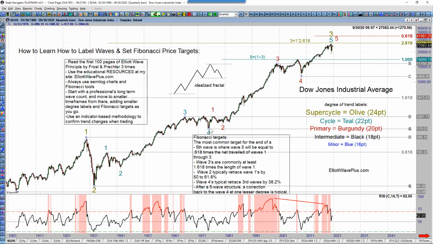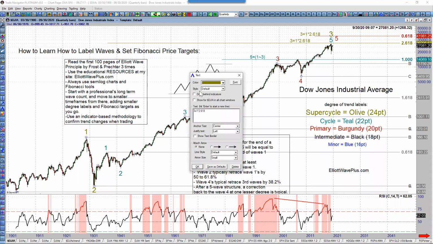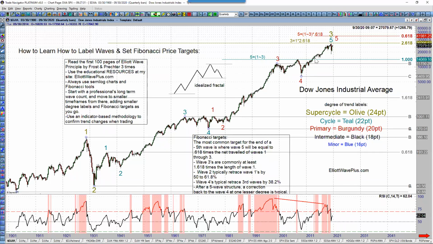So that would be up from the 1974 low. So we have one more target we can put on before we move to the next chart. So this would be 5 equals 1 through 3 times 0.618. That is the most typical target for a fifth wave. It's amazing how often that target does work.